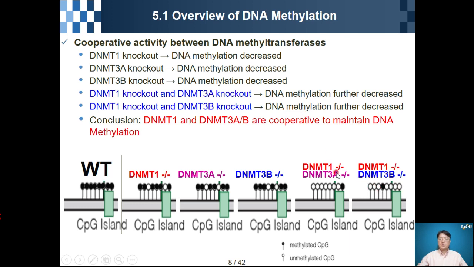So based on this observation, the conclusion is that DNMT1 and DNMT3A, or DNMT1 and DNMT3B, are cooperative to maintain DNA methylation. This is the cooperative activity between DNA methyltransferases.